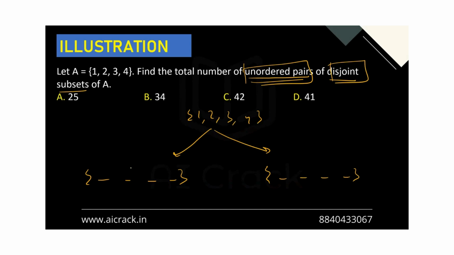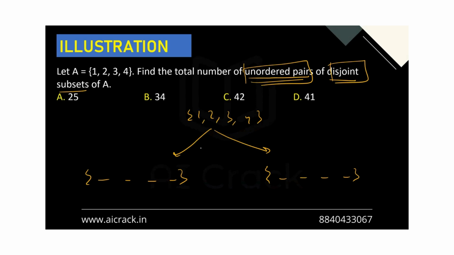Why? Because let's say none of these elements are going over here, so this set would become phi, and this set also would become phi, and this also creates a pair of disjoint unordered subset, right? So any element over here has three choices, either to stay here or go here or go here, right?